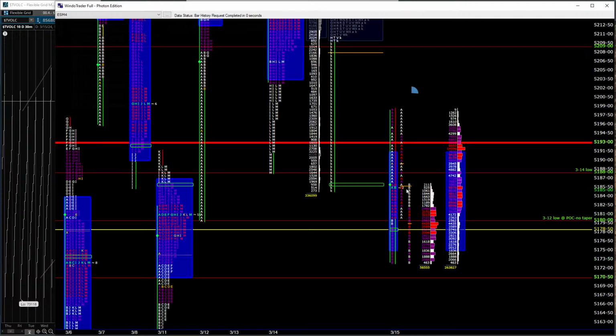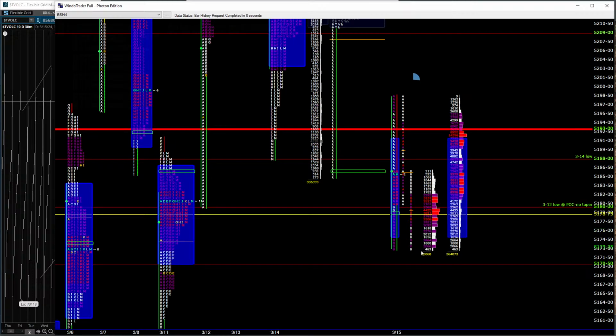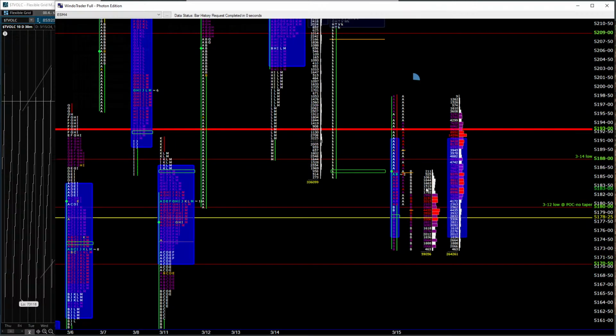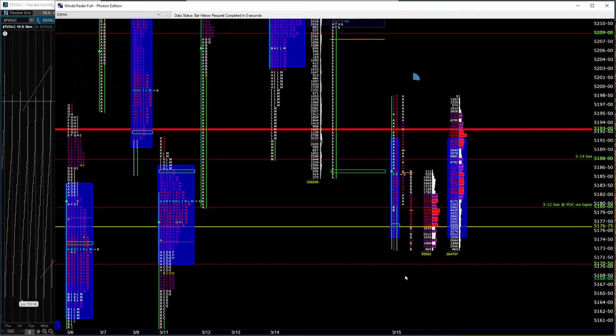If the market doesn't pay attention to that, that's good for the movement to the downside. But if the market does something, that's also an indication of who's behind the trade.